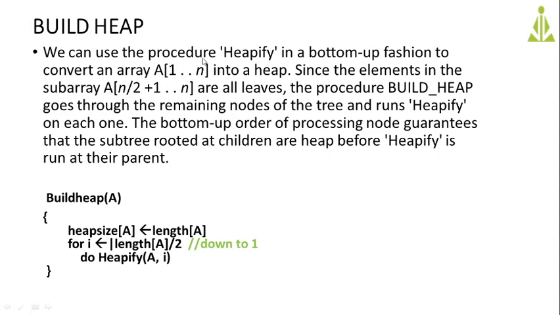We can use the procedure heapify in a bottom-up fashion, from down to up, to convert an array A[1..n] into a heap. Since the elements in the subarray A[n/2+1..n] are all leaves, the procedure build heap goes through the remaining nodes of the tree and runs heapify on each one.